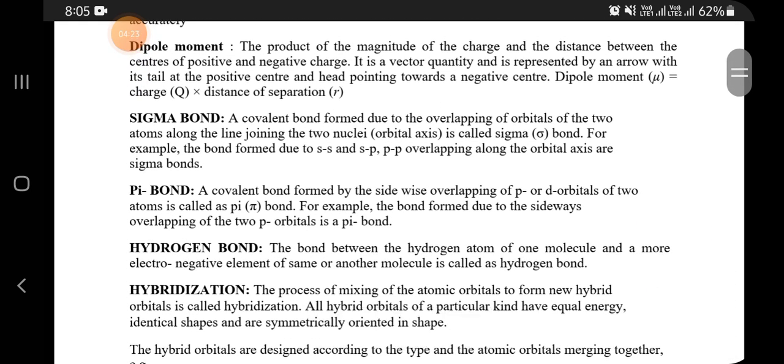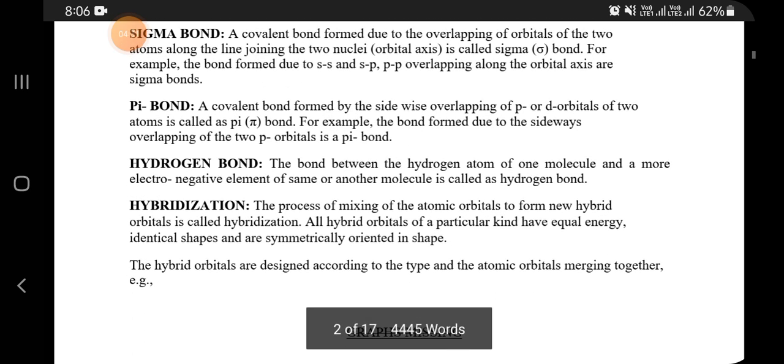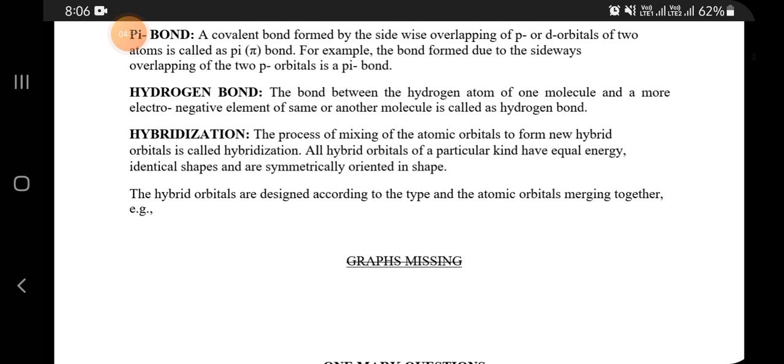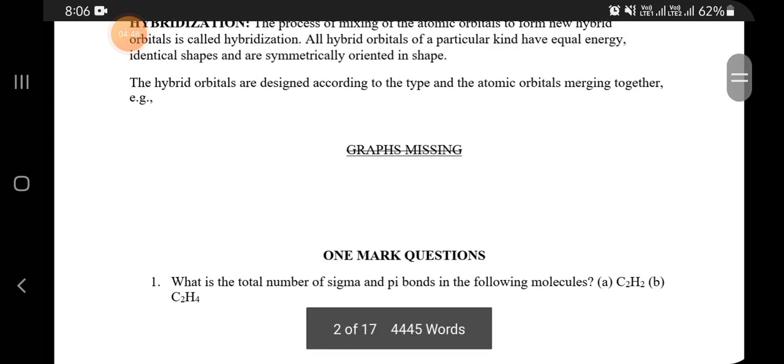Sigma bond, in which hybridization is s-s, s-p and p-p overlapping takes place. In pi bond, only p or d orbitals, overlapping of two p orbitals takes place. Hydrogen bond is the bond between hydrogen atom of one molecule and a more electronegative element of the same or another molecule.